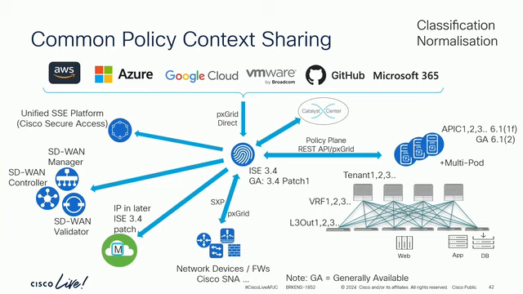So if, for example, AWS has a security group called PCI, then we can use that in a classification to say, is the security group PCI? If it is, then assign an SGT. For example, we could have a PCI SGT. So we can use them as attributes. It's not a one-to-one mapping of group to group, but we can use them as classification and use them to assign the appropriate SGTs. So I hope that answers the question.